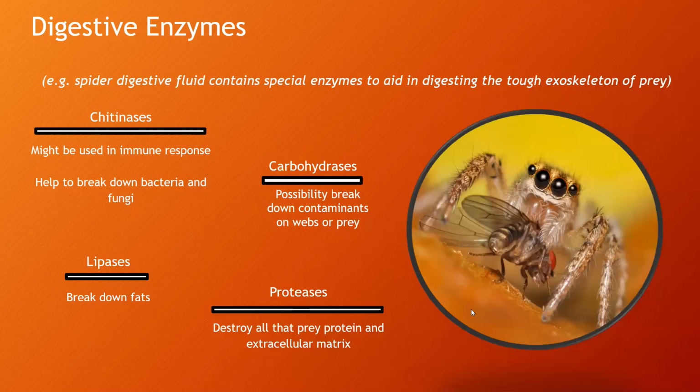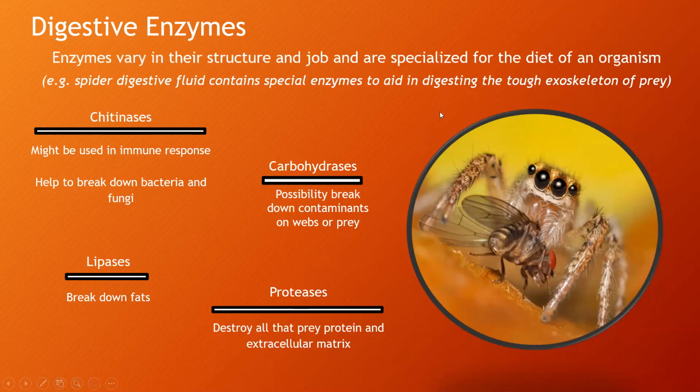One thing that's interesting about these spiders is that, depending on their lifestyle, they're going to consume more or less of an insect as they're eating it. That lends itself to them having different digestive enzymes, because their digestive processes are different. Enzymes vary in their structure and their job, and they're specialized for the diet of an organism.